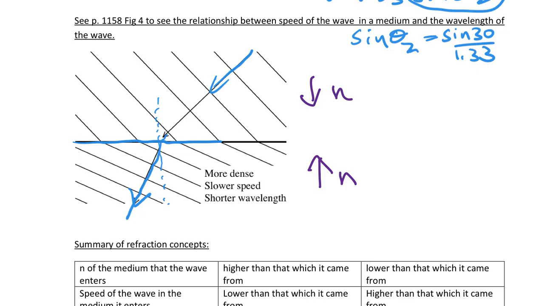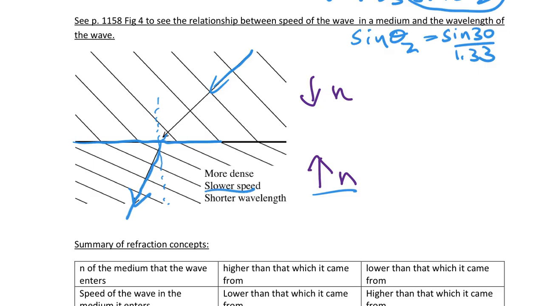So you should be able to figure out from just that picture that the n is going to be bigger in this medium. If I had drawn just what was here, no words, you would say, okay, the index of refraction is bigger there because the speed is slower.